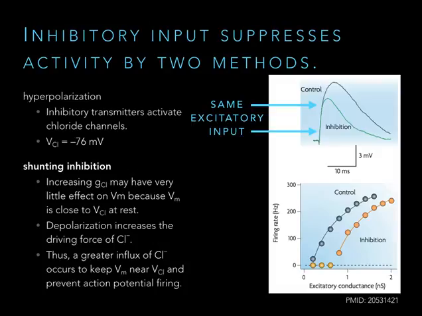And so we have to have fairly high excitatory input in order for us to start firing action potentials. So at the point where it becomes non-zero in this model, well, we're already firing at around 200 hertz. So inhibitory input is there not so much to hyperpolarize, but instead to resist depolarization. And that's what shunting inhibition is.